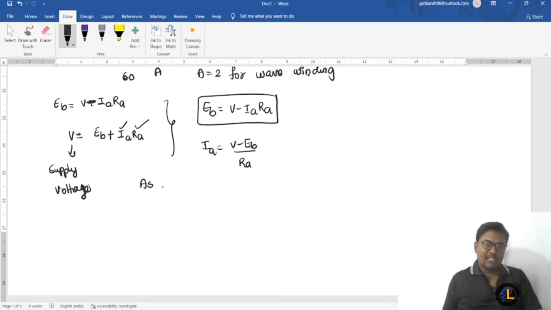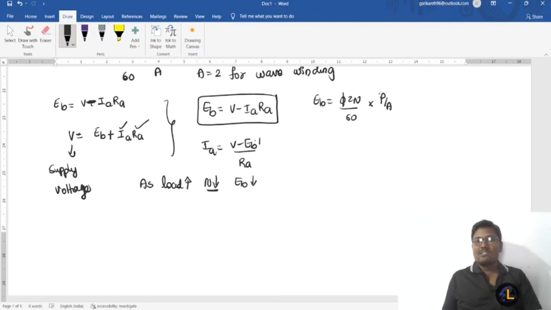As the applied load increases, the speed decreases. If the speed decreases, then the back EMF also decreases. We got the equation Eb is equal to phi Z N by 60 into P by A. Once the design is over, the number of poles is constant, the number of parallel paths is constant, the number of conductors is constant, and 60 is also constant. So Eb is directly proportional to N phi.